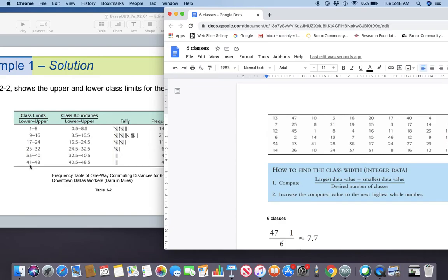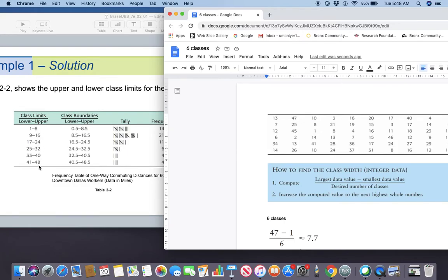Now, once you have the lower class limits, you can see the previous number. So this is 9, so the previous number is 8. 8 becomes the upper class limit. This is 17, so that's 16. 16 becomes the upper class limit. 25, so that's 24. 24 is the upper class limit. So notice for upper class limit, once you have the first one, all you're doing is adding 8 6 times.